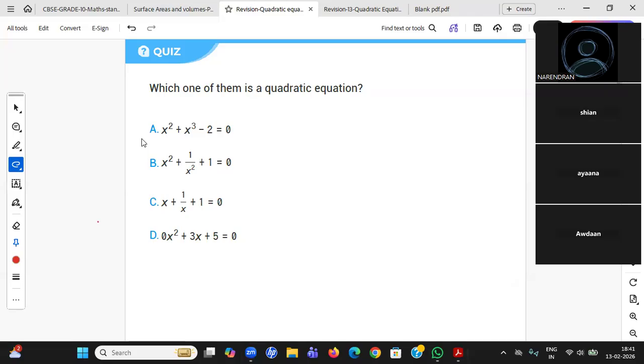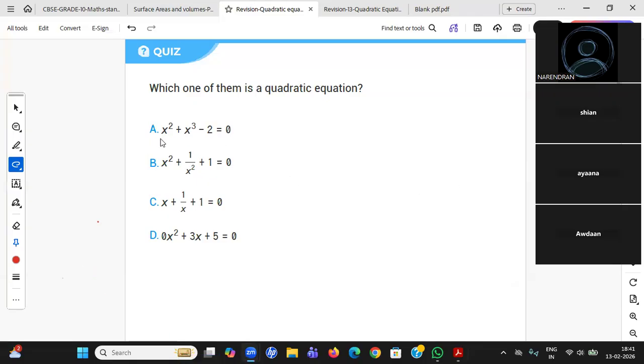Ponnappa, which one of them is a quadratic equation? Shrugal wrong, Ponnappa wrong, Chayan right answer, Maya right answer, Tanish right answer, Jahnavi right answer, Tanushri no, Ponnappa right, Harshini right, Fadila right. Come on, students.